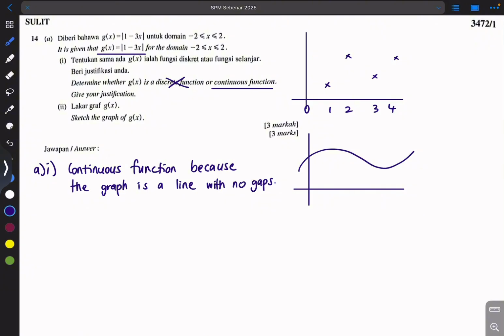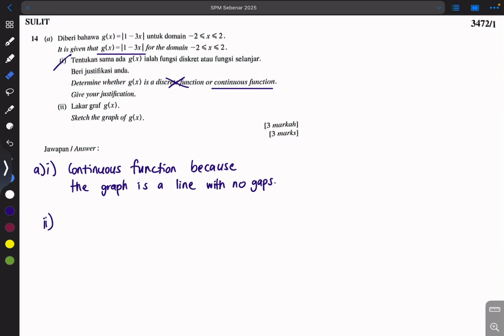Done. Okay. Number 2. Sketch the graph of g(x). Okay, let's erase this. We need to sketch g(x). So the first thing we need to do is sketch the graph without the modulus. So g(x) is 1 minus 3x.